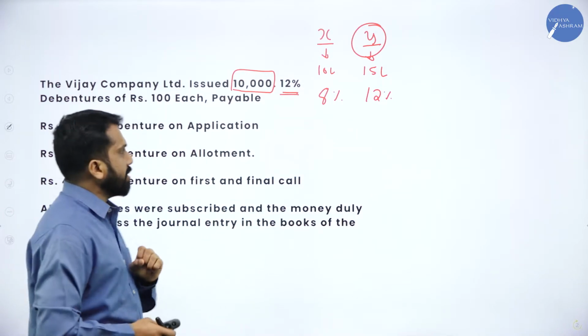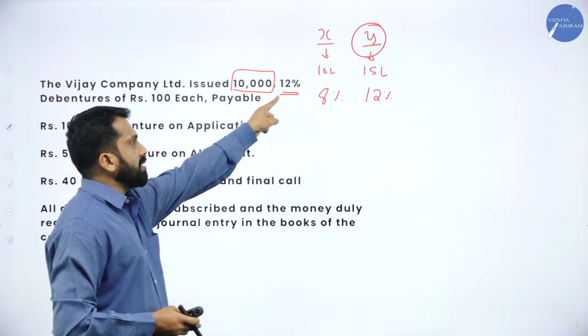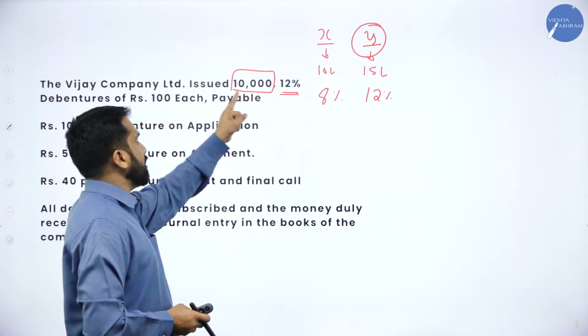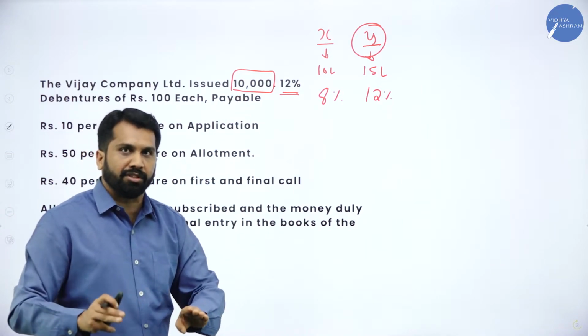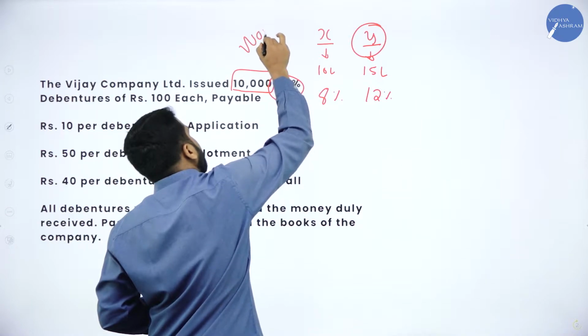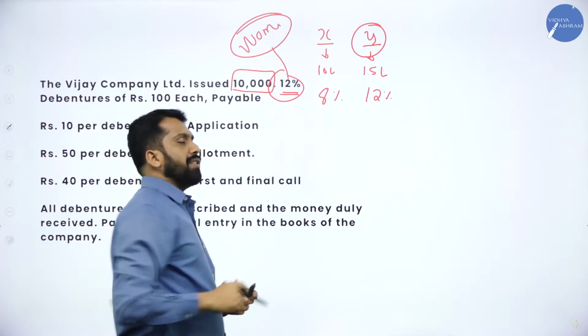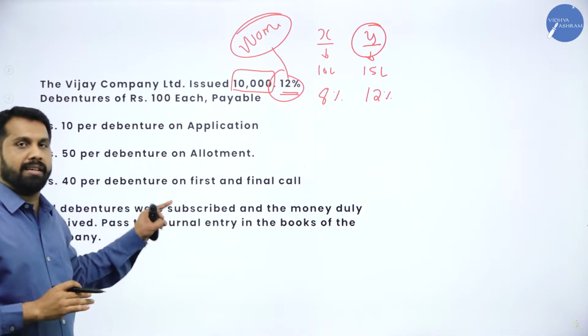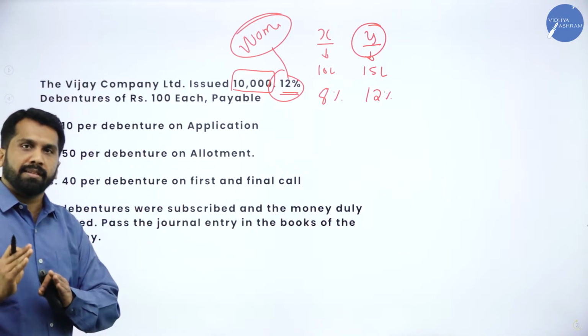Clear? Yes. Now, but this percentage we will not calculate anywhere. This 12% into 10,000, never do that mistake. This 12% is only a name. We will not count or calculate it anywhere in the problem. Clear? Yes.